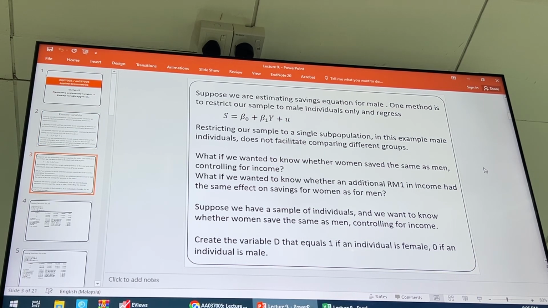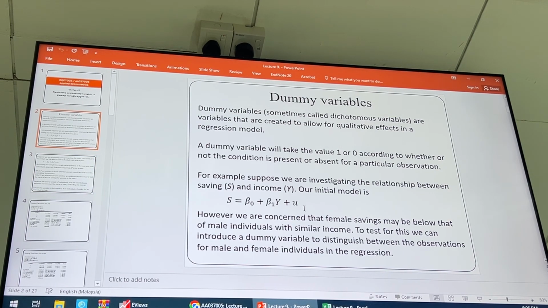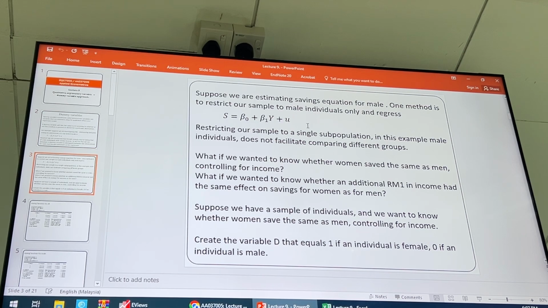So suppose we are estimating a saving equation for male. Just now I mentioned that one way is to make the assumption that both male and female behave the same. But if we believe they are different, the way they save their money is different, then one possible way is to split the data into two groups.